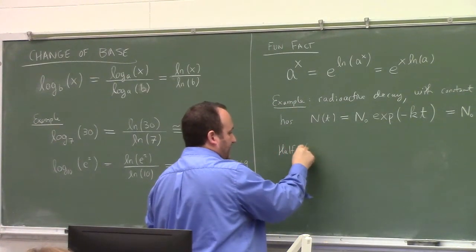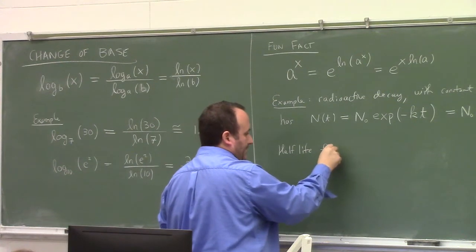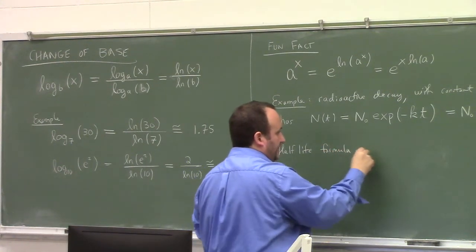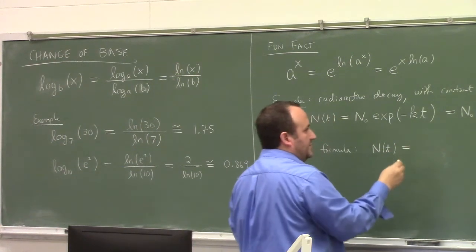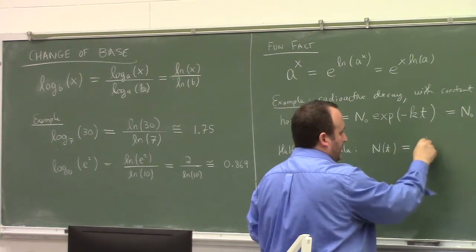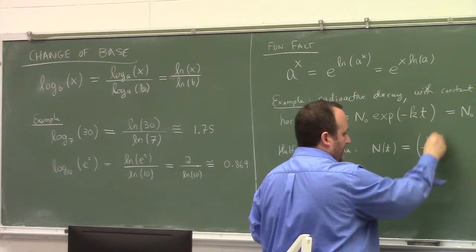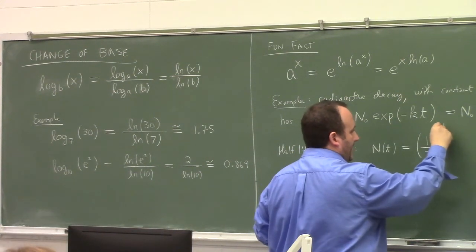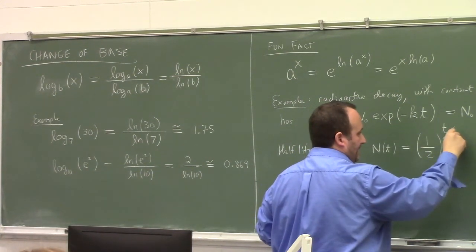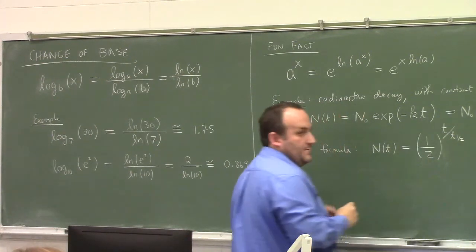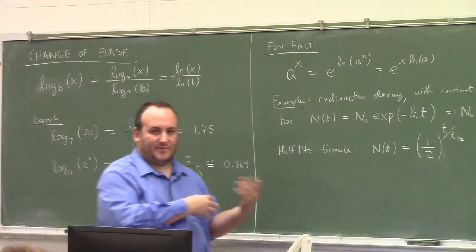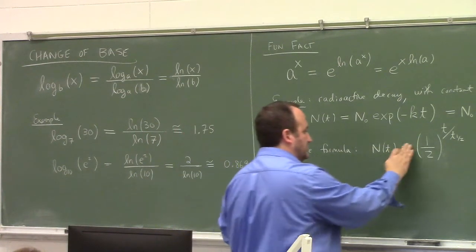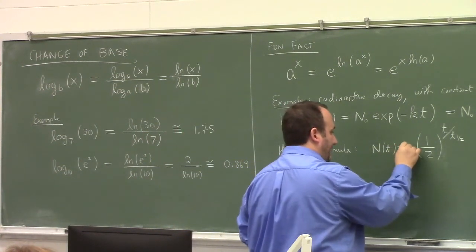Yeah, half-life formula, you said divide by 2. Something like n of t is equal to 1/2 to the t divided by the half-life, although I have to multiply that by n sub 0.